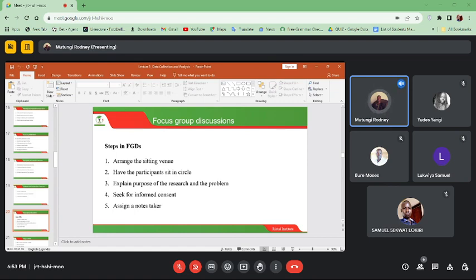So you set these groups, and because in research or data collection we do not use identifiers or information that can be used to identify the person who said something, you are going to attach numbers to these people. So if they are women, you say W1, W2 until 12, then the men M1, M2, M3, up to 12.